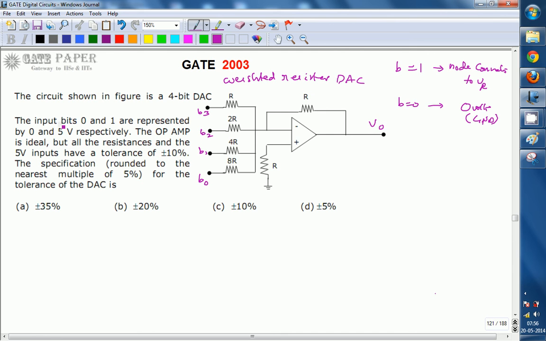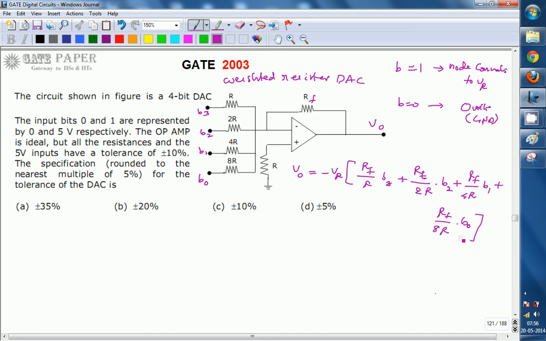V0 is equal to minus VR times RF divided by R into B3, plus RF divided by 2R into B2, plus RF divided by 4R into B1, plus RF divided by 8R into B0. This is what you are going to get.